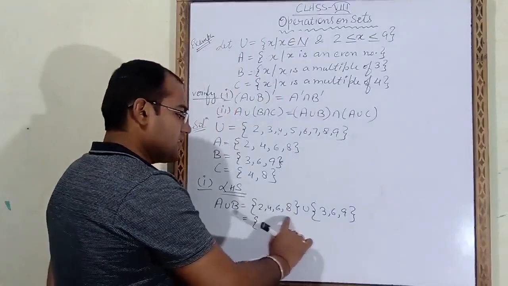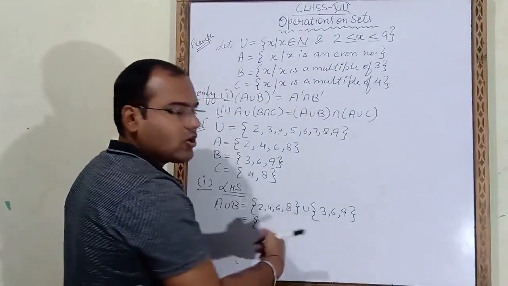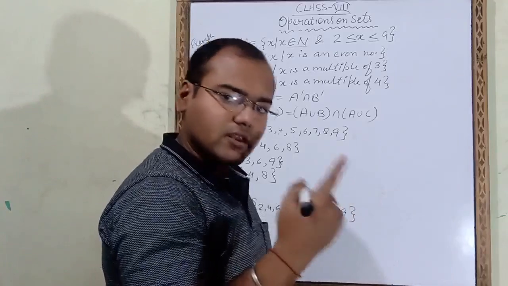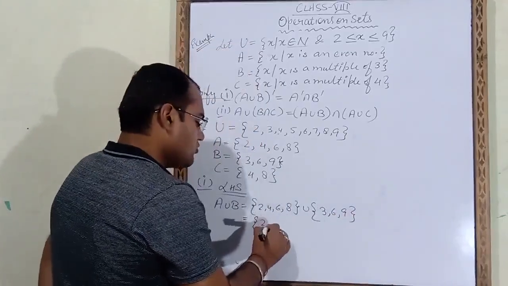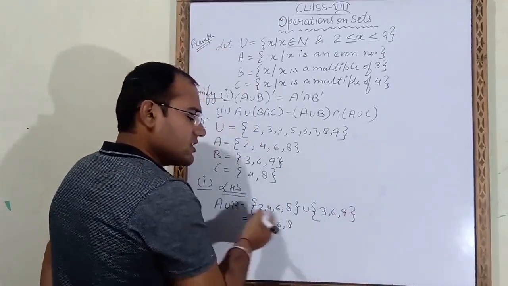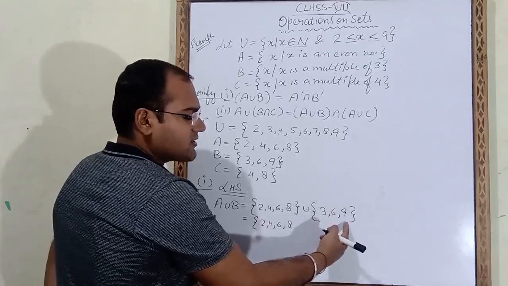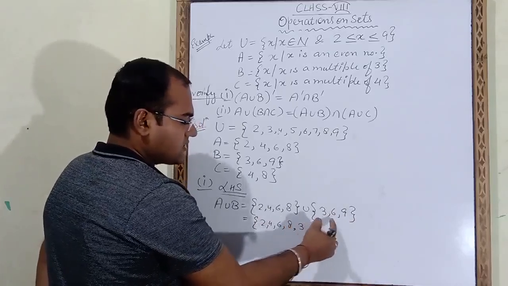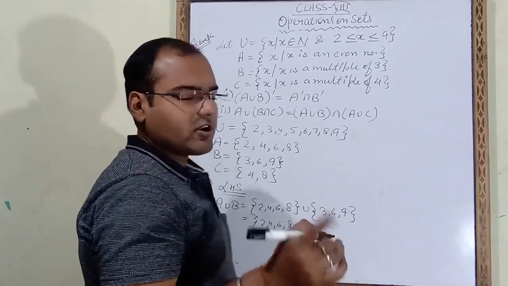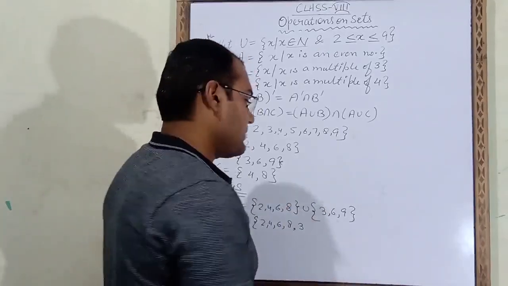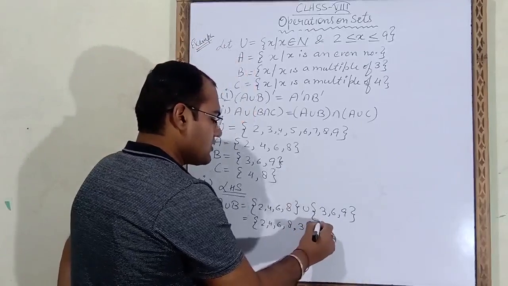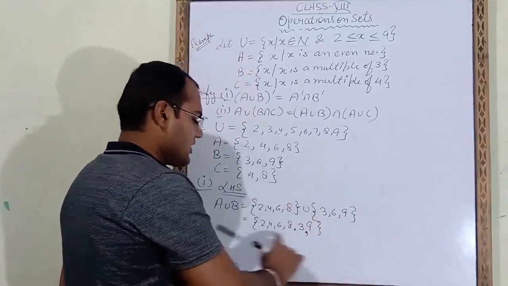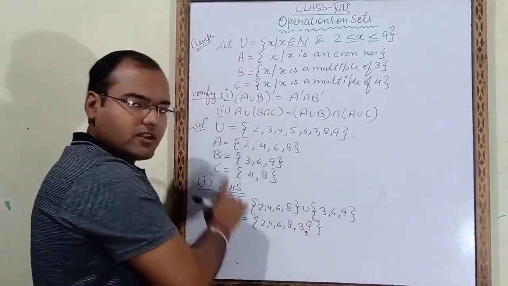So we can write 2, 4, 6, 8, or we can write 3, 6, 9. 3 is not written here, so we will write 3. 6 is already written, so we will not write it again. 9 is not written, so we will take 9. So these are the elements of A union B.